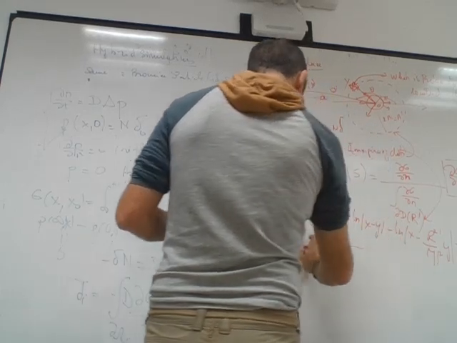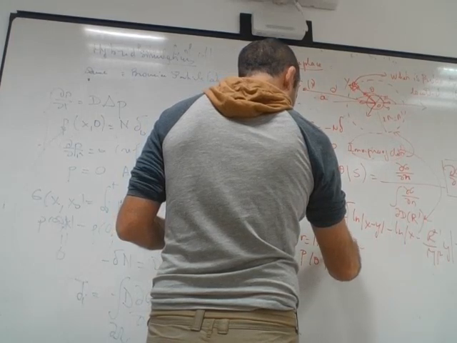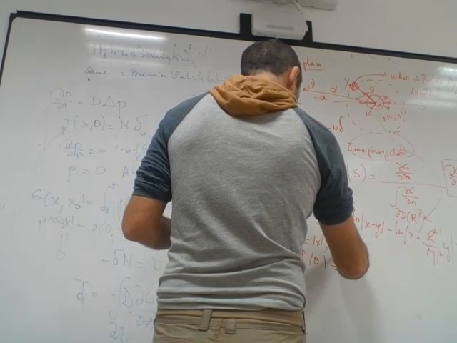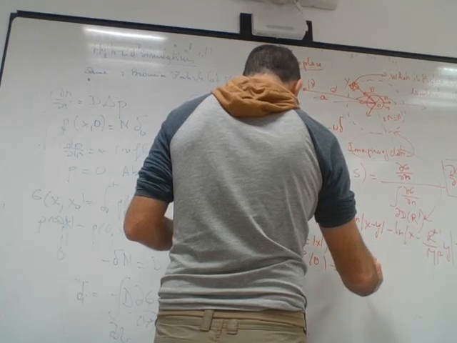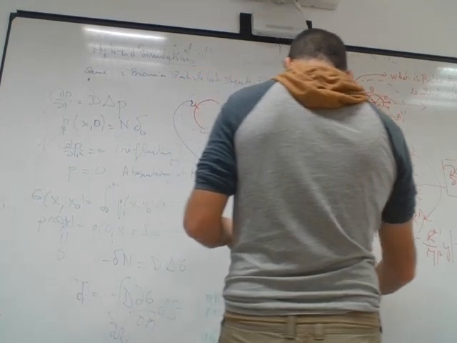So r will be here the magnitude of x, rho will be the magnitude of y, and R is the ball.